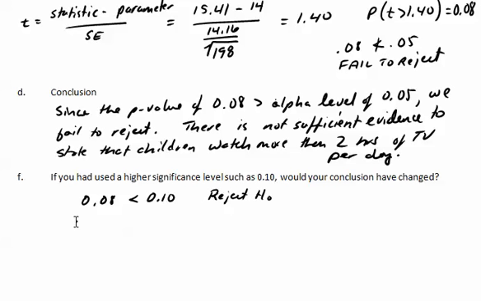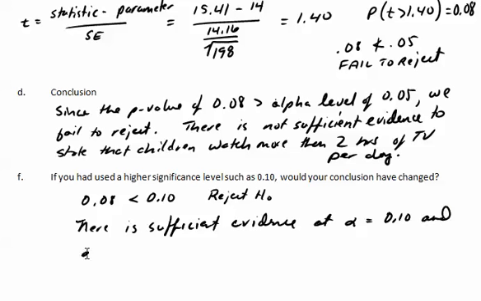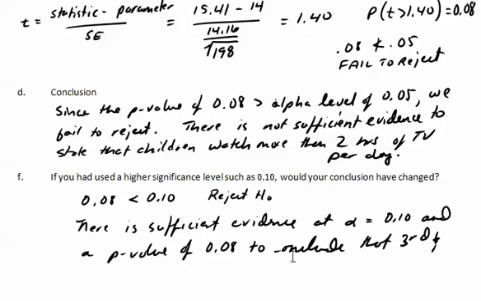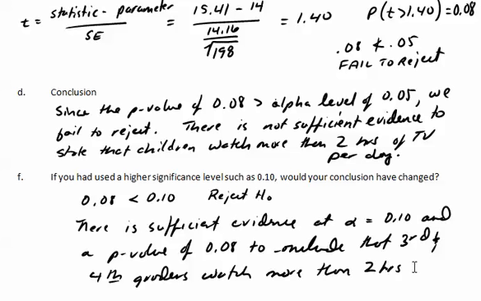At alpha of 0.1 and a p-value of 0.08, there is sufficient evidence to state, I think conclude would be a better word, sorry, to conclude that 3rd and 4th graders watch more than 2 hours of TV per day.